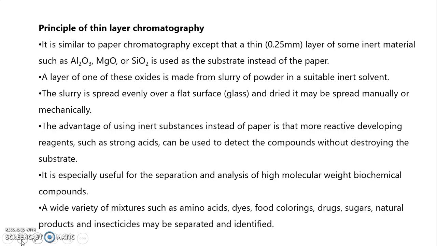The advantage of using an inert substance instead of paper is that more effective developing reagents such as strong acids can be used to detect the compounds without destroying the substrate. Normally it is useful for the separation and analysis of high molecular weight biochemical compounds. A variety of mixtures such as amino acids, dyes, food colorings, drugs, sugars, natural products and insecticides may be separated and identified.